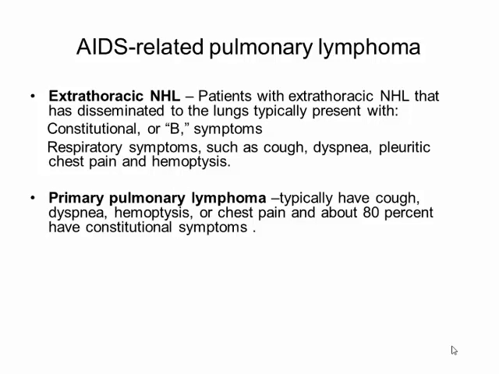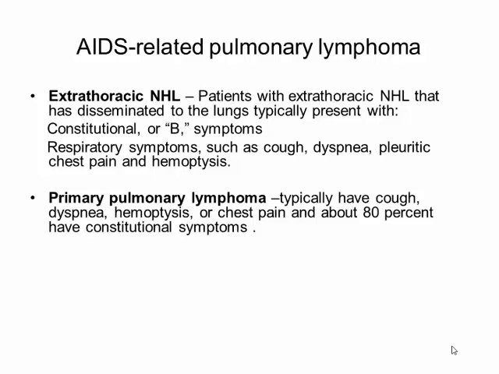The AIDS-related pulmonary lymphoma is mostly extrathoracic, and there's a primary pulmonary lymphoma, which is less common. The manifestations are probably B symptoms, as usual for lymphoma, and non-specific respiratory symptoms: cough, dyspnea, pleuritic chest pain.